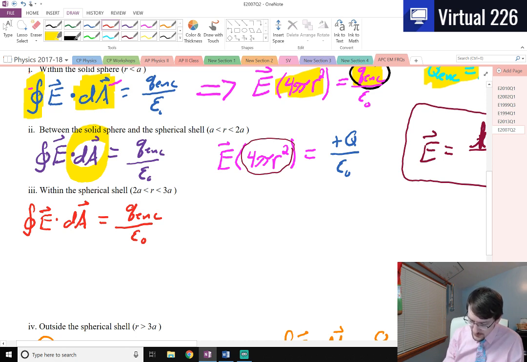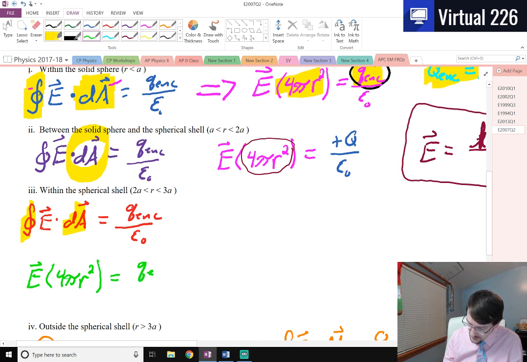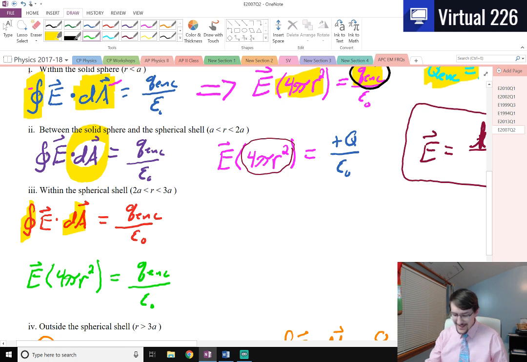And once again, we know that this integral of the dA is going to give me a 4 pi r squared. So if we write that again, we get that the E field times 4 pi r squared equals this charge enclosed divided by epsilon naught. Now this charge enclosed, like I said just moments ago, this is where the headaches come in.